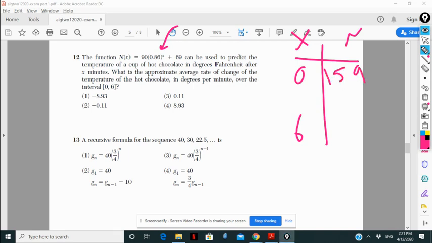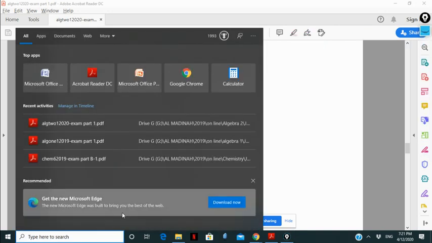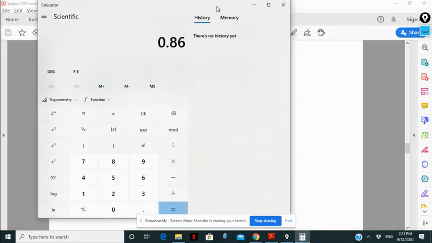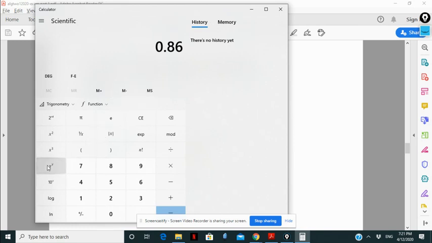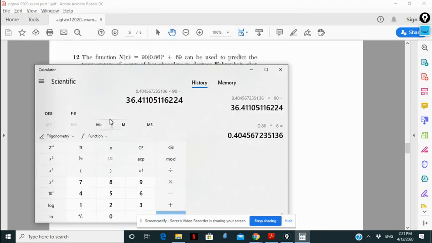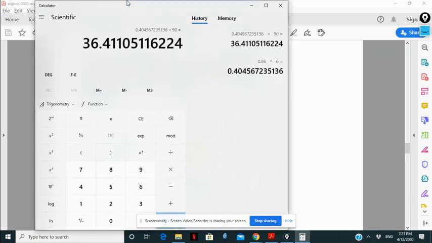Now I'm going to do the same. I'm going to use a calculator for that part. 0.86 to the power 6 is 0.4045, times 90, which is the initial temperature, plus 69, giving me 105.